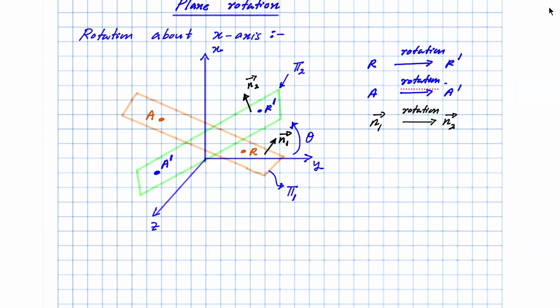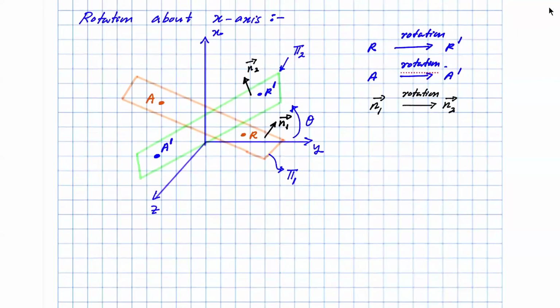So now phi 1 I can write as R dot n1 is equal to a1 dot n1.